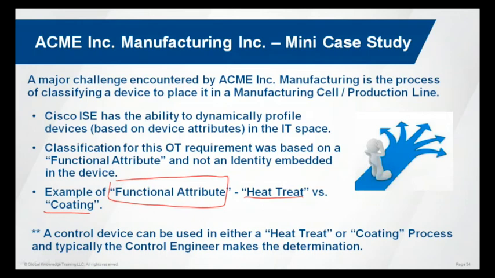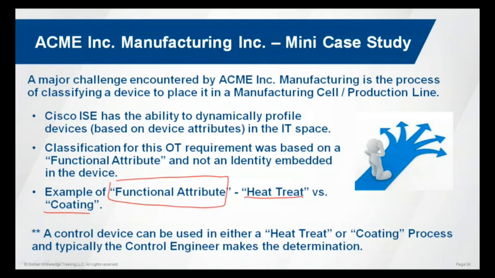In an IT space, you have your printer or your IP phone, and it's easy to collect some information and deduce that this is a printer or an IP phone. But if I want to place a control system in heat treat or in coating, in manufacturing, this is not that obvious.